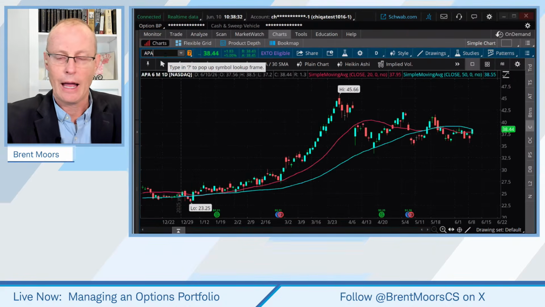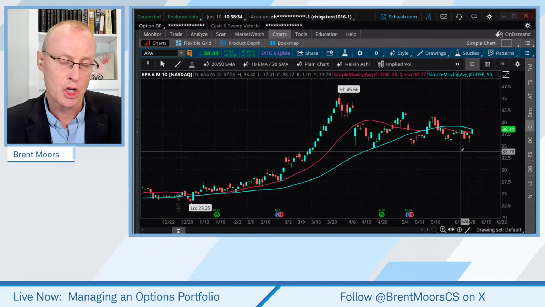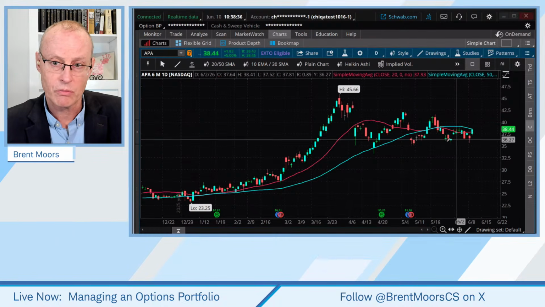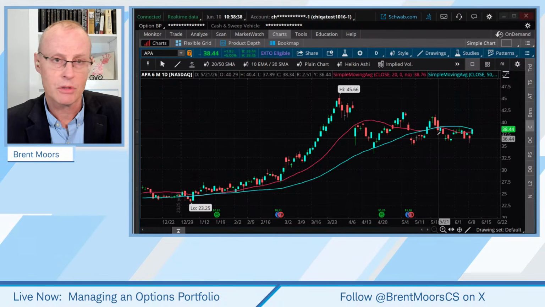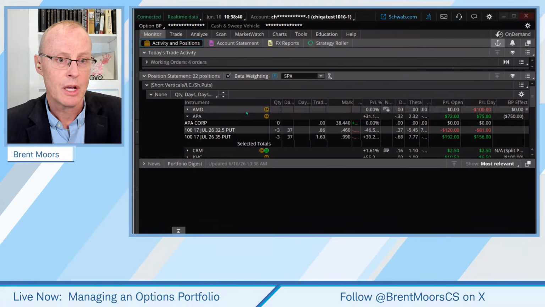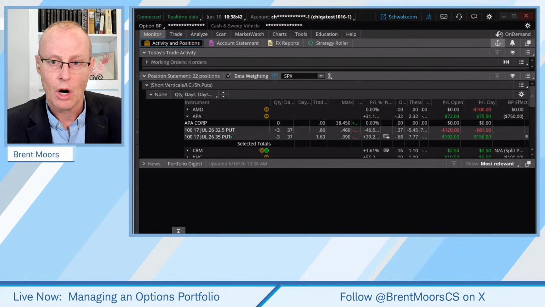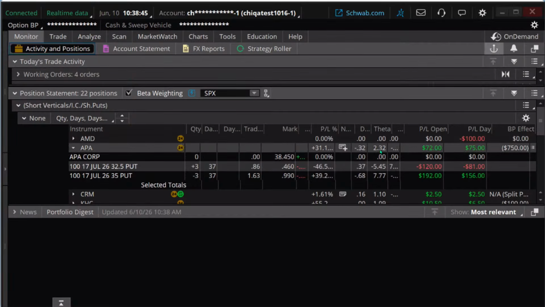It's not super bullish, but it's not bearish. So it seems reasonable that we could stay with this. This one is out of the money, so our time decay should be positive. Time decay is helping us out on this.